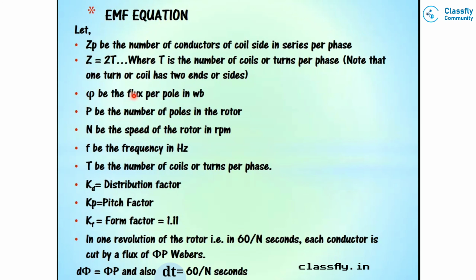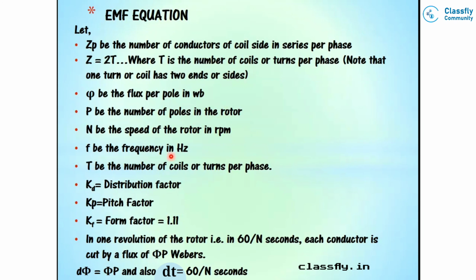The next thing we assume is that phi is the flux per pole, and Weber is its unit, in short written as Wb. P is the number of poles in the rotor. In the rotor part there are various numbers of poles, so we represent it by P. N is the speed of the rotor in revolutions per minute, that is its unit.